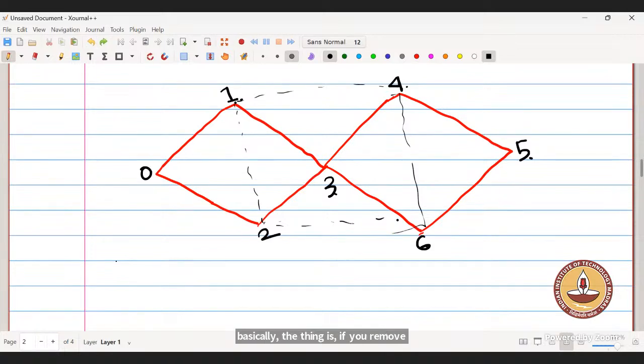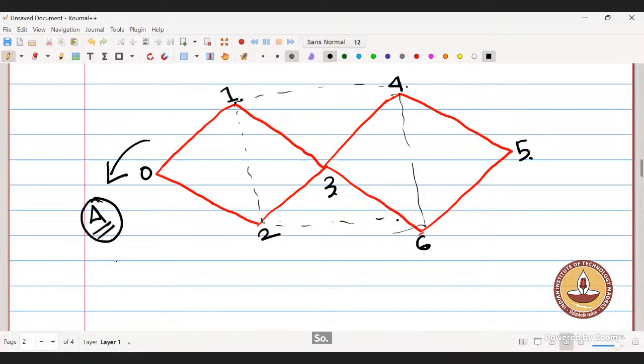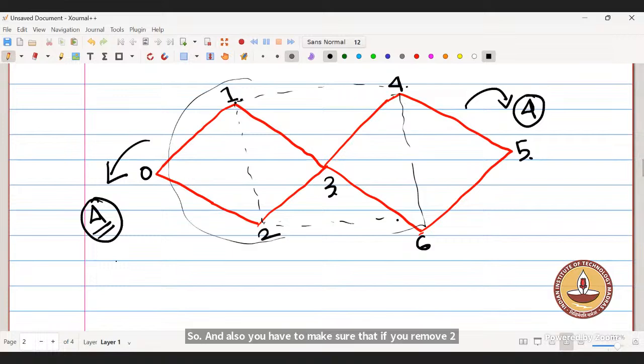If you remove any one, you have 4 edges here, right? So here you can remove any one. And here also you have 4 edges, so you can remove any one. But if you remove 2 edges from this side, it will be a disconnected graph, and similarly if you remove 2 edges from the other side.